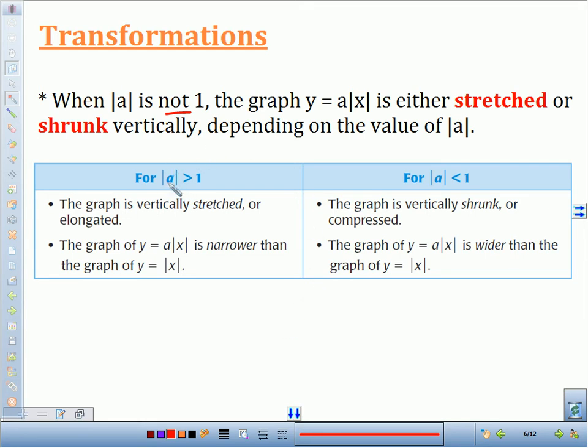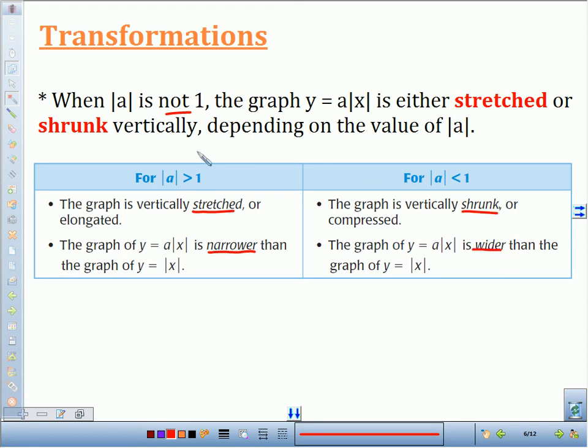If we find the absolute value of a and it's bigger than 1, so if it's 2 or 3 or 4 or even negative 2, negative 3, negative 4, then the graph is vertically stretched and it will appear narrower. If the absolute value of a is less than 1, but it still has to be positive because it's an absolute value, so we're looking at numbers like 1/2 or 1/3 or 3/4, then the graph is shrunk or appears wider.